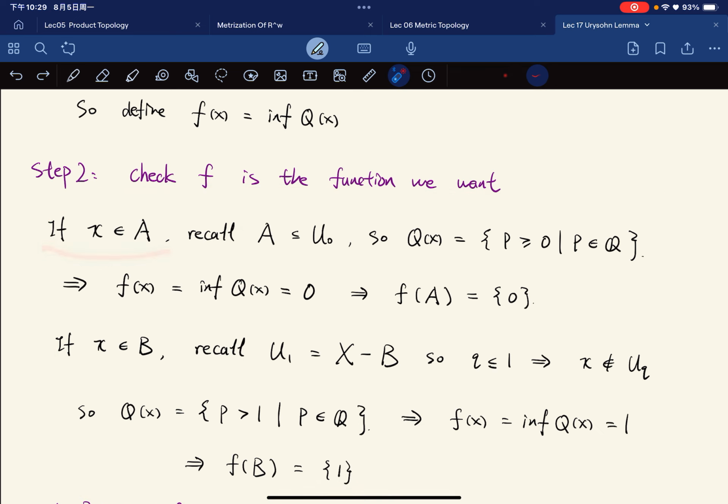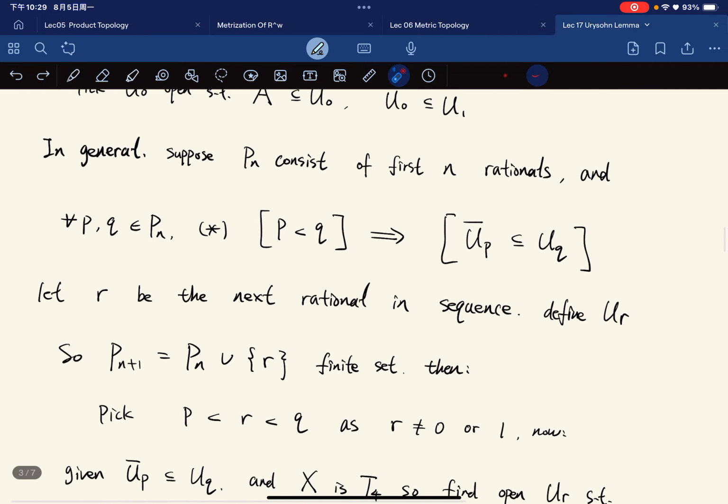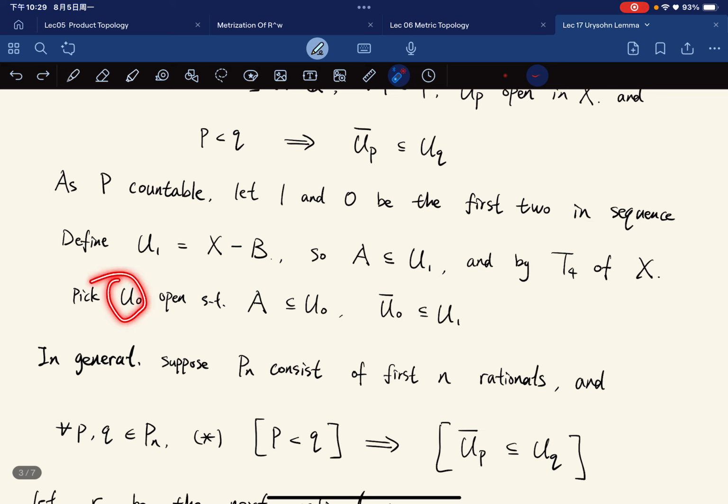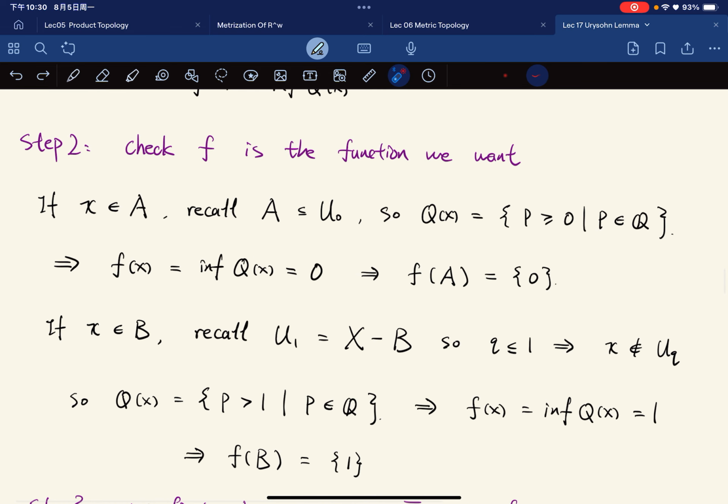For x in A, because A is contained in U0, which we defined at the very beginning, and U1 is X minus B, A is contained in U0. Then x is contained in every single UP with P non-negative, because everything else contains U0, as it is indexed like that.